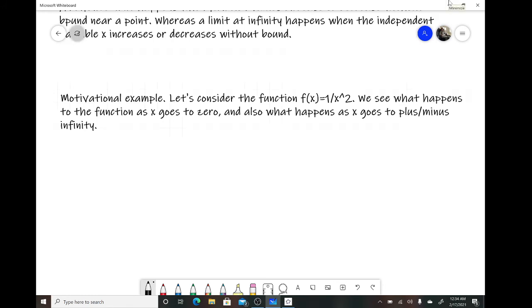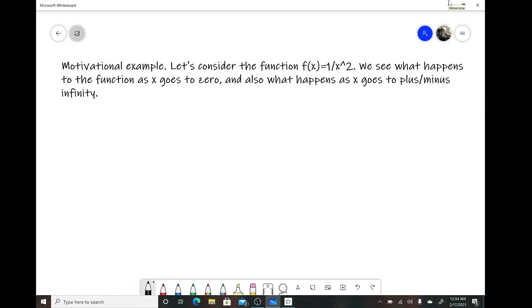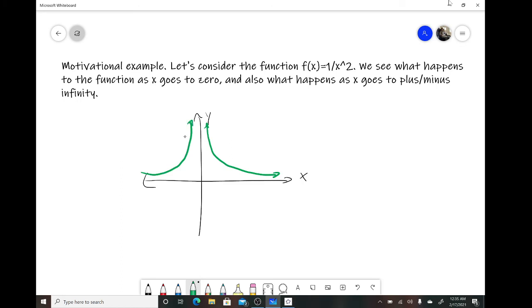So let's very quickly illustrate this. We have the x-axis, y-axis, and, much like we had over there, y equals 1 over x squared, which looks like this.